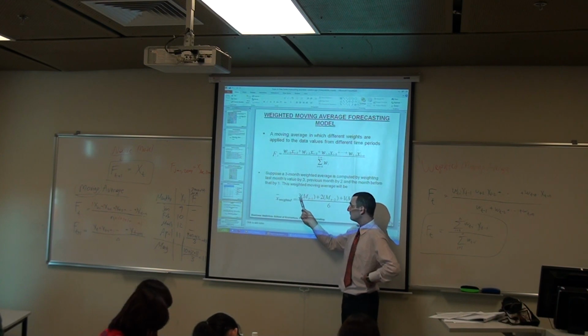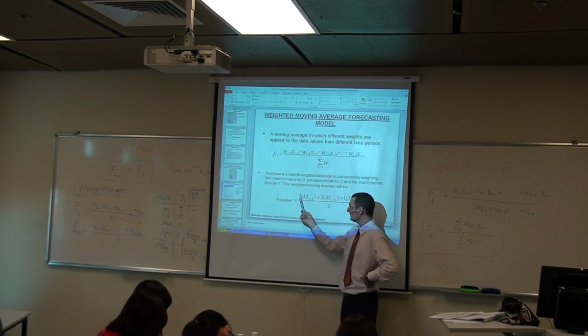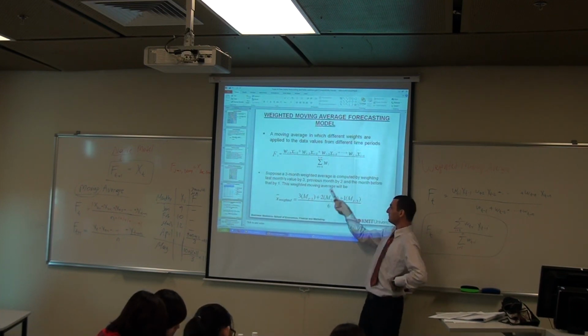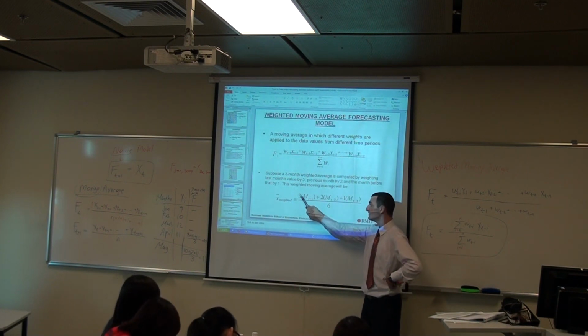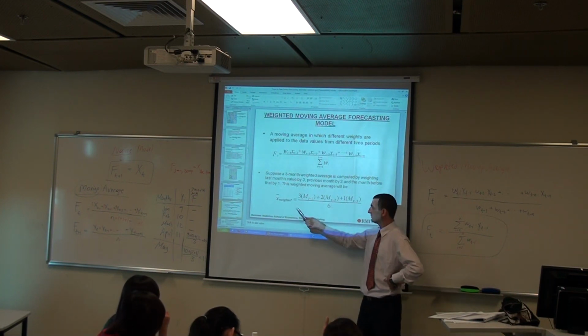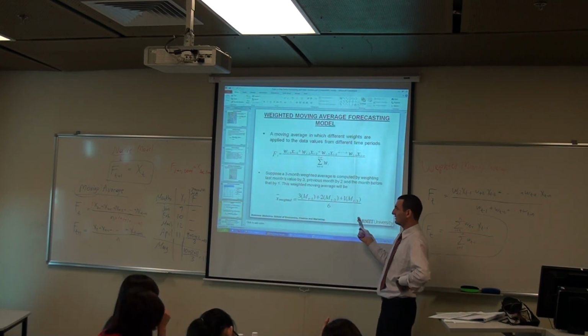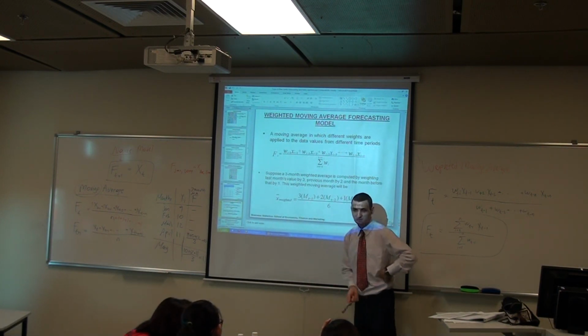Means what? I will multiply the previous month by 3, the month before that by 2, and the month before that by 1. Divide by 3 plus 2 plus 1, 6. Okay, a perfect number, right? So it's the weighted average basically. So you will get the forecast for time t.